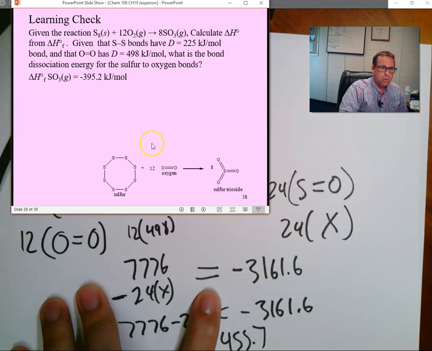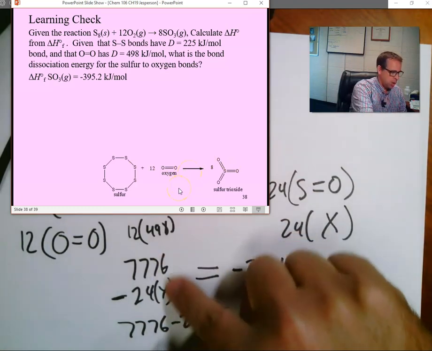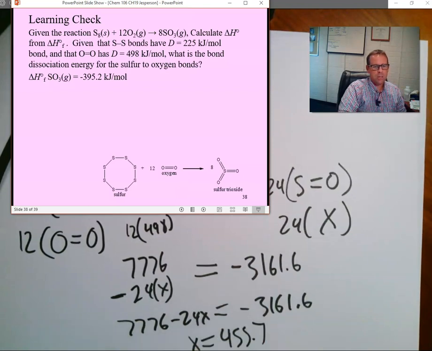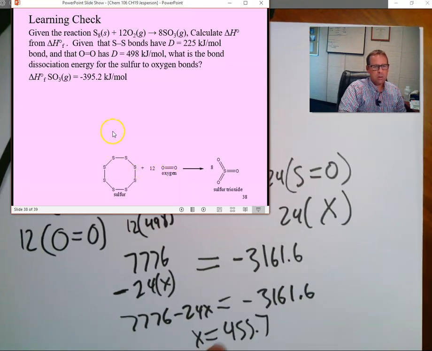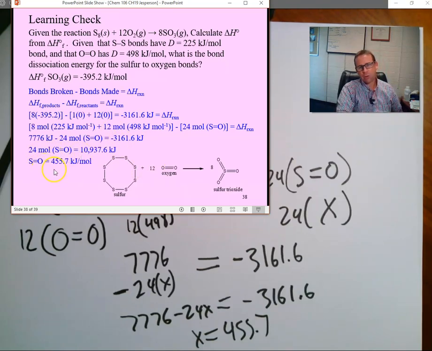And because we were told that the delta H of formation for this stuff was negative 395.2, and this is 8 times the delta H of formation reaction, we could set our bond energy information equal to 8 times the delta H of formation and solve for our bond energy for the sulfur-oxygen double bond.